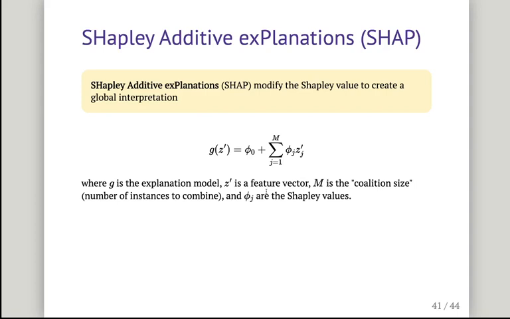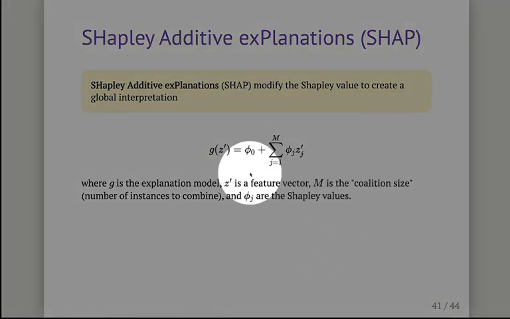So the last interpretability measure that I want to talk about are SHAP, Shapley additive explanations. So these SHAP values create a global interpretation. So we're looking at how the Shapley values are contributing over a set of M observations, a set of M instances.